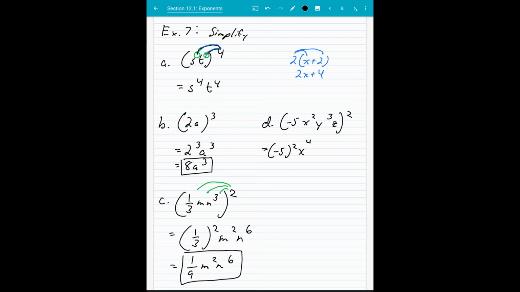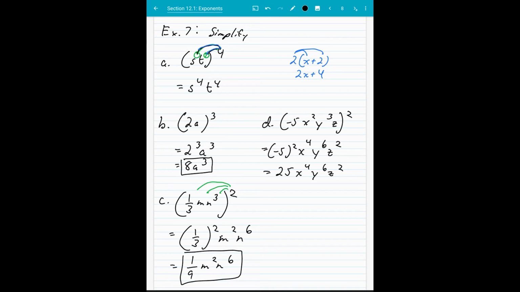X becomes to the 4th power, y to the 6th power, z to the 2nd power. Multiply all these exponents by that number on the outside. So all the exponents are multiplied by 2. This one right here, -5 to the 2nd power, can be simplified. That becomes 25 x to the 4th, y to the 6th, z to the 2nd.